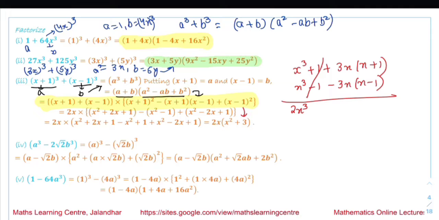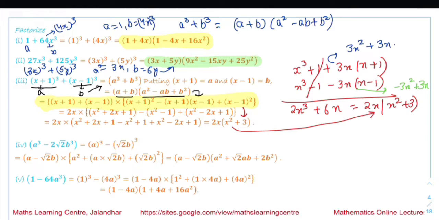From the next two terms, this term will become 3x square plus 3x, and this term will become minus 3x square plus 3x. So when you add these two terms, you will get plus 6x. You take 2x common, so the answer you get is 2x into (x square plus 3). It is the same answer you are getting in both the cases, so you can apply any one of these two formulas.